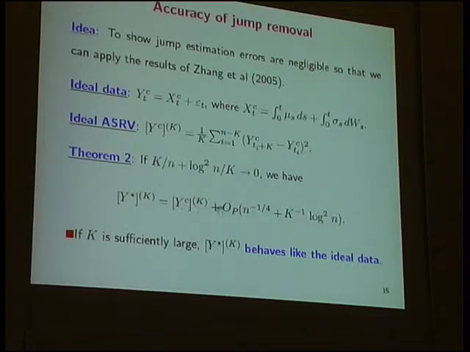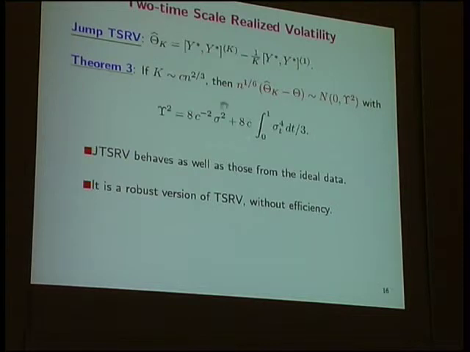Since the error here is about n to the 1/4, certainly if I apply scale K at this level, n to the 2/3, just like Ait-Sahalia, Mykland and Zhang did, then you could get that your estimator would have rate of convergence n to the 1/6, and this is the asymptotic variance. So in conclusion, what we are saying here is that the jump two-scale realized volatility behaves as well as that from the ideal data.